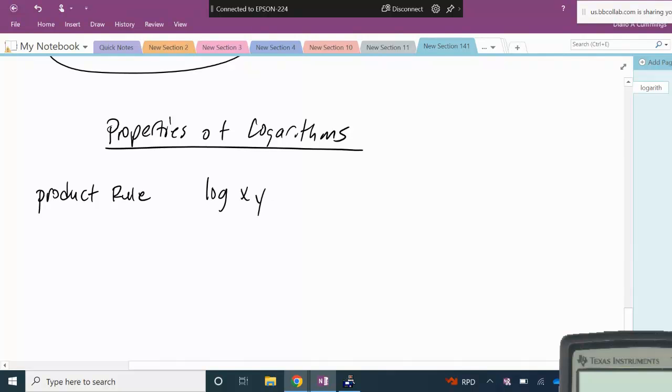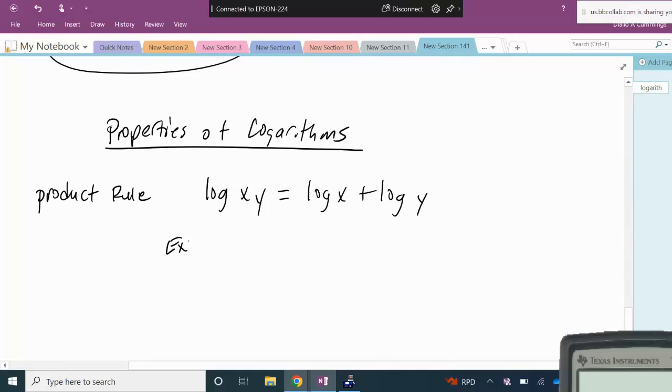The log of x times y is equal to the log of x plus the log of y. So this says that if you're dealing with logarithms, you can take a product and rewrite it as a sum.